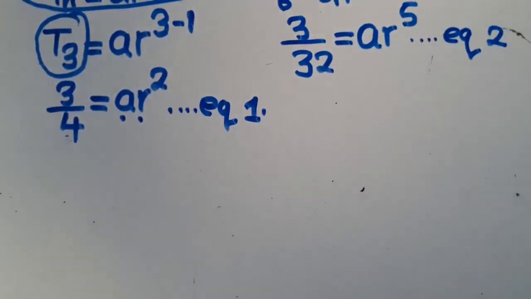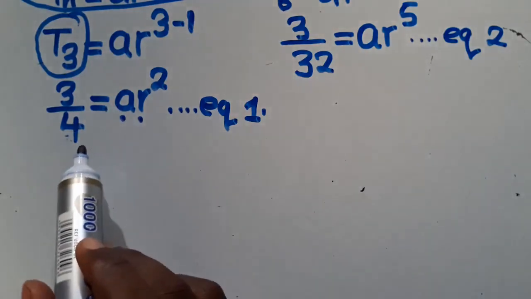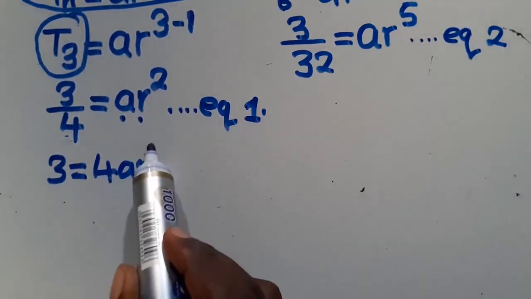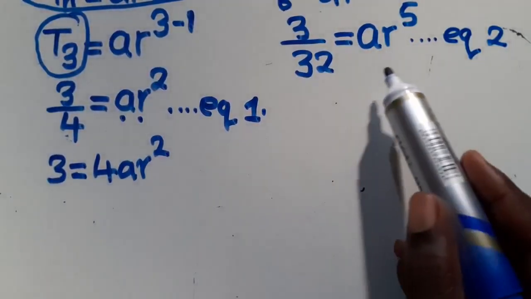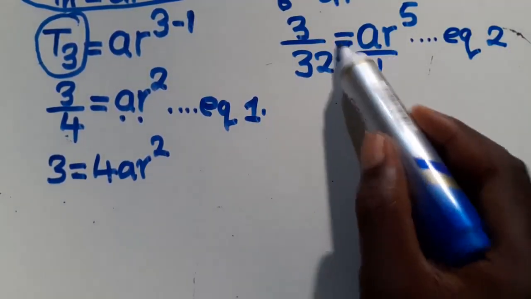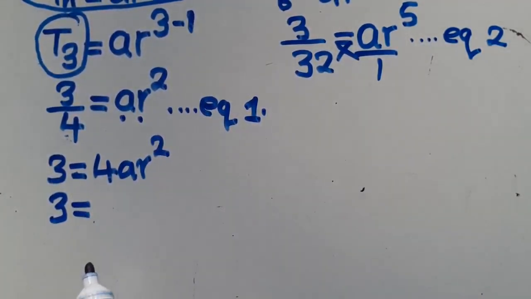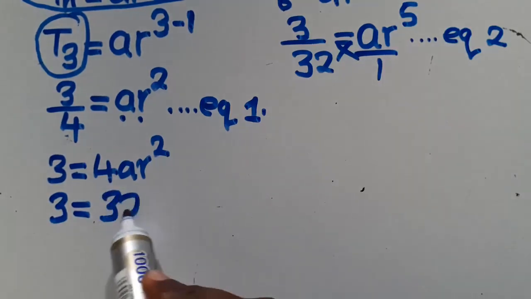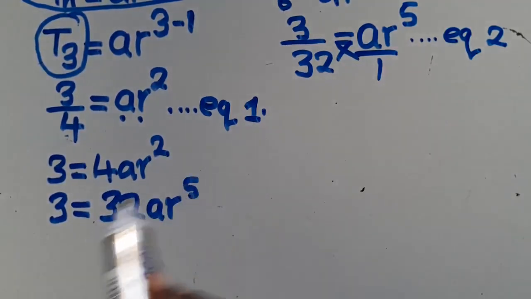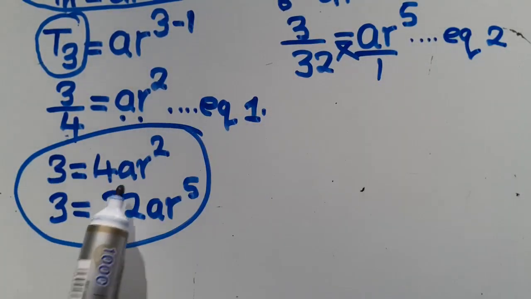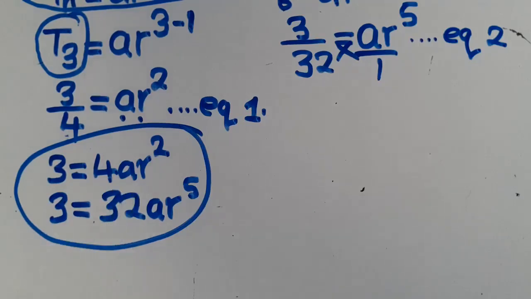You can cross multiply, so you have 3 = 4ar^2. Then cross multiplying the other one, you have 3 = 32ar^5. These are the two equations that we formed, where a is the first term and r is the common ratio.